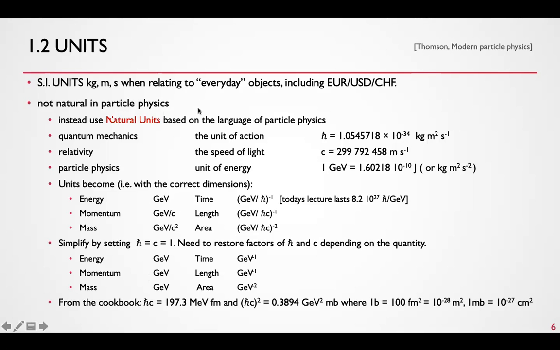The natural units are based on the language of particle physics. There are a few constants of nature that we use. One is h bar, the numerical value is given here, and the speed of light, roughly 3 × 10⁸ meters per second.